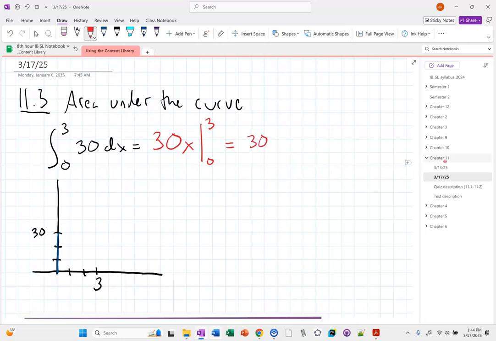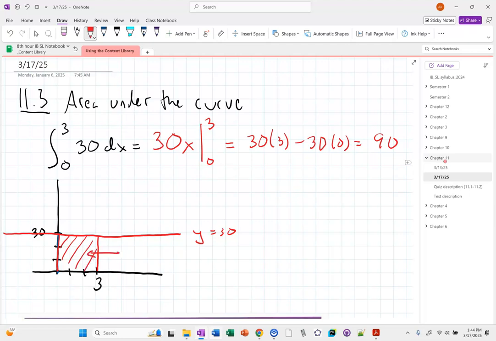So when we do the definite integral, we just evaluate it at 3 and 0, and we get 90, right? If we think about this graphically, the graph of y equals 30 is just a horizontal line. And if I go from 0 to 3, that area is a rectangle with height 30 and width 3.